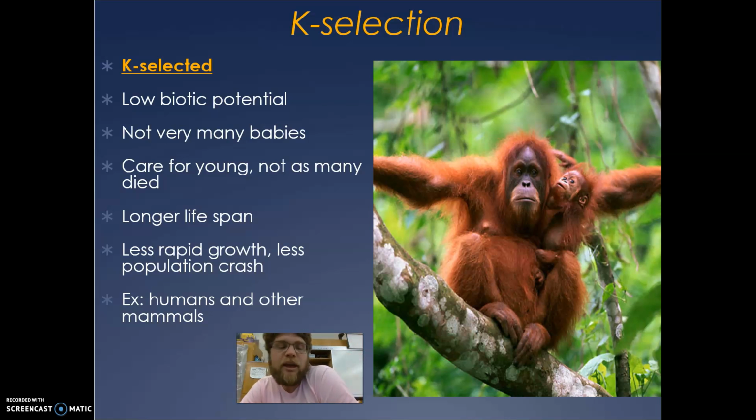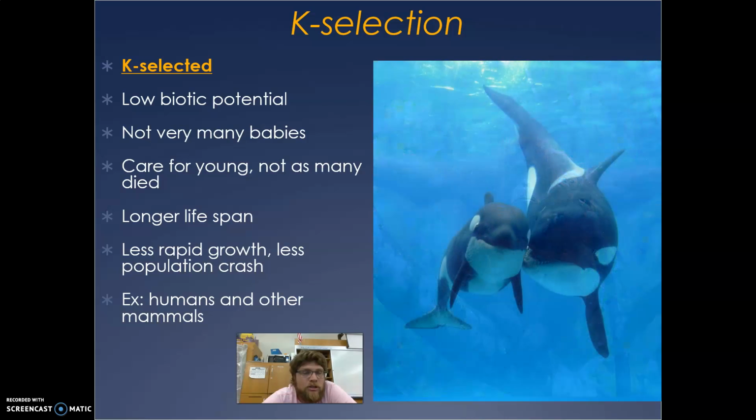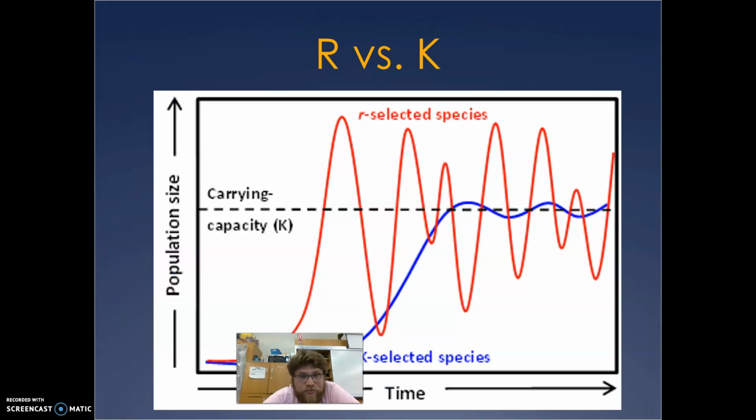So not very many babies, but a higher percentage of those babies will make it. The parents are going to take care of them. So with a longer lifespan, there's less rapid growth, but there's usually less population crash too. So mammals are a big example of K selection.